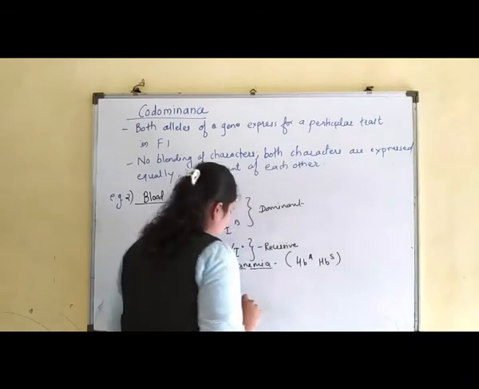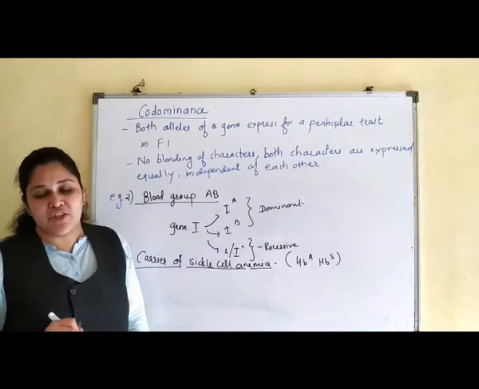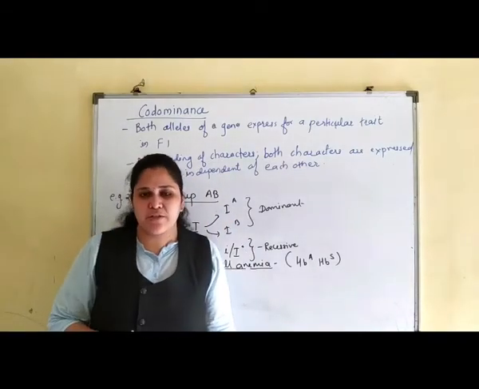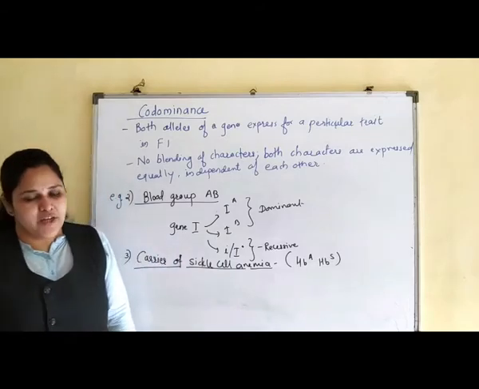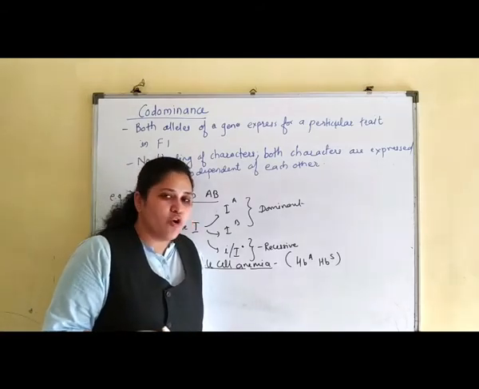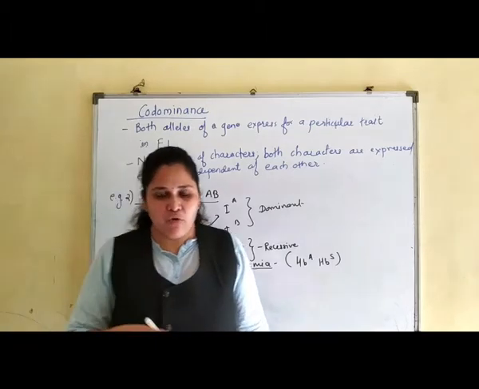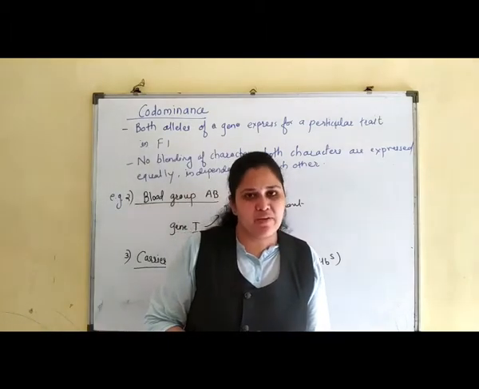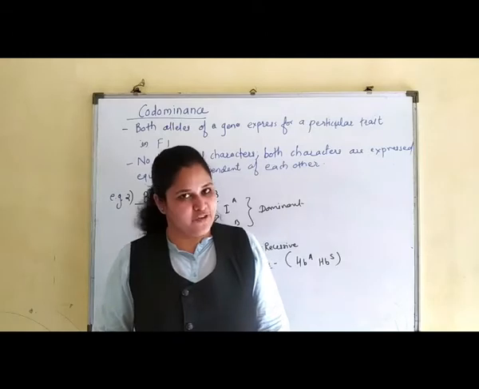Sickle cell anemia is a genetic disorder that we are going to see later on. It is a qualitative type of inheritance where there is a defect in the hemoglobin structure.